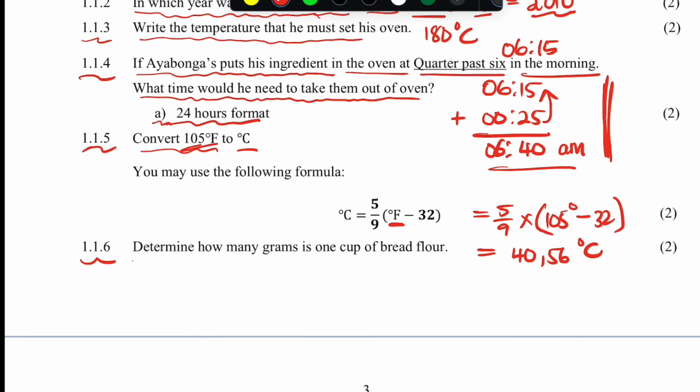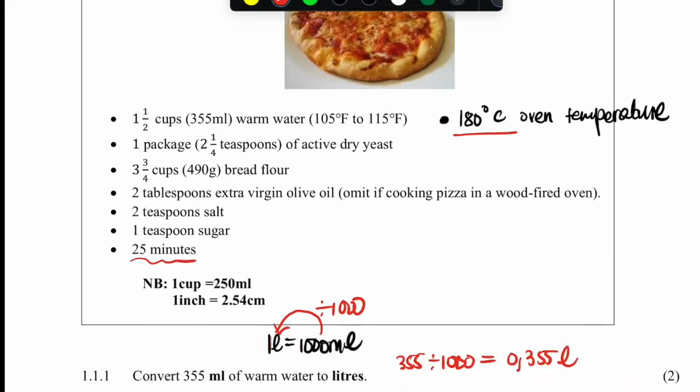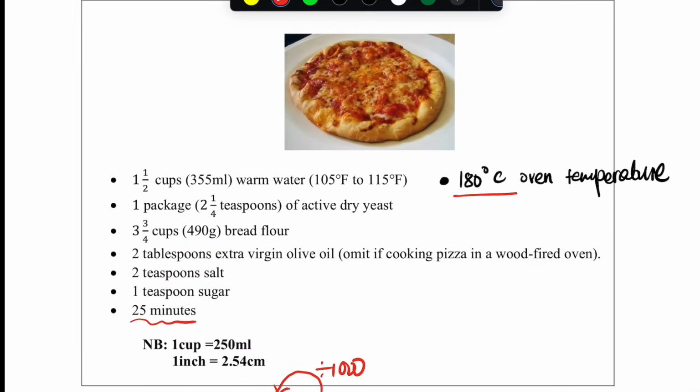Now let's go to 1.1.5. It says determine how many grams are in 1 cup of bread flour. So how many grams will be there? So we are told here the bread flour, it's 3 3/4 cups, which is 490 grams of bread flour.